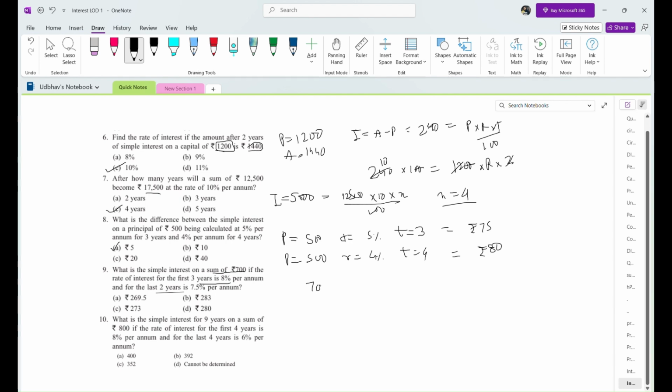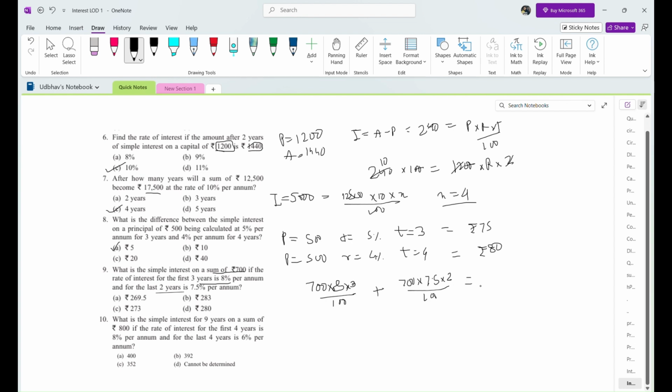The sum will be 700 for 3 years at 8% per annum, plus, and as it is simple interest, even if the rate changes, the principal amount is going to be the same because simple interest is always calculated on the principal amount which we start with. So 700 into 7.5 for the last 2 years.